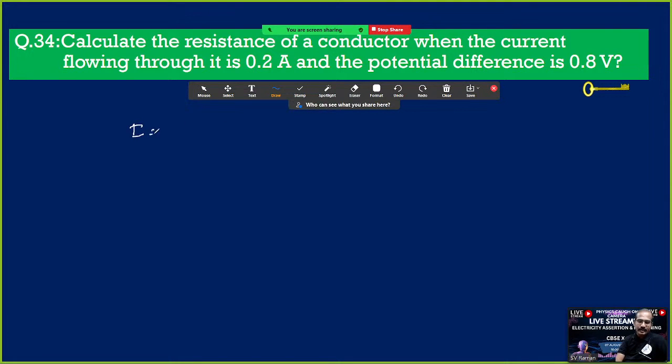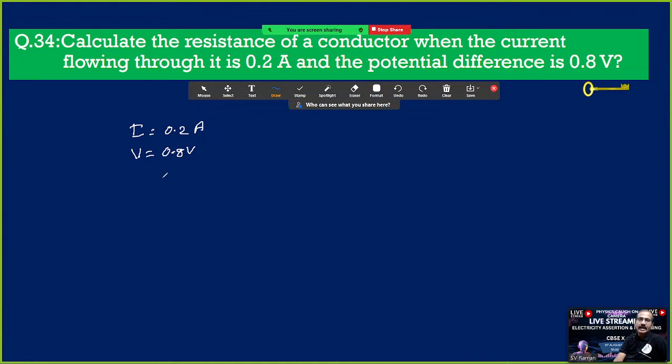Current I is equal to 0.2 amperes. Potential difference V is equal to 0.8 volt.